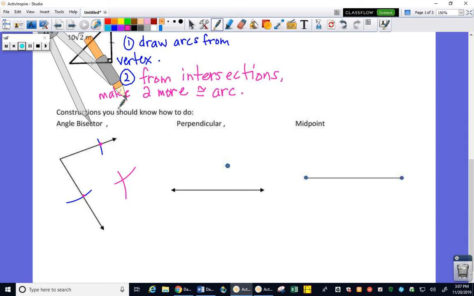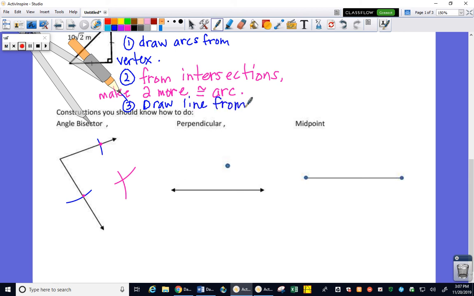So we have drawing arcs from your vertex. From each of your intersections, we draw more arcs. And now we simply need to draw a line from the vertex through that intersection.